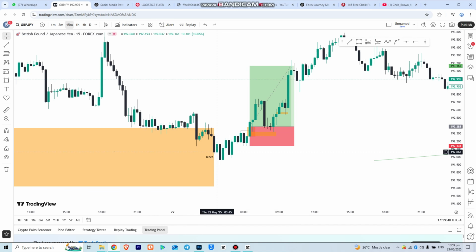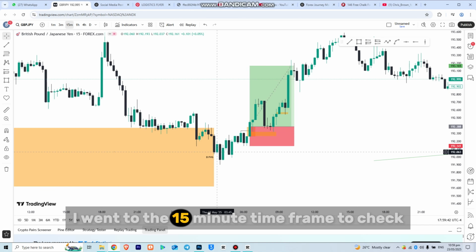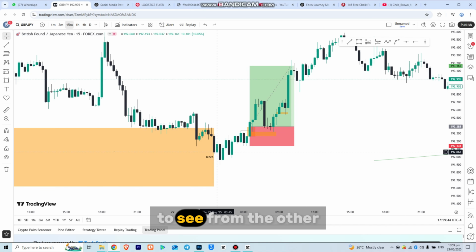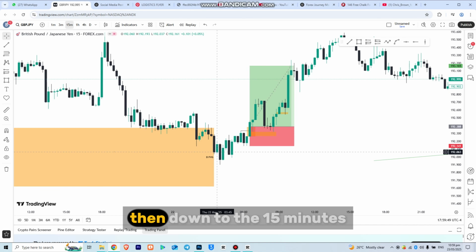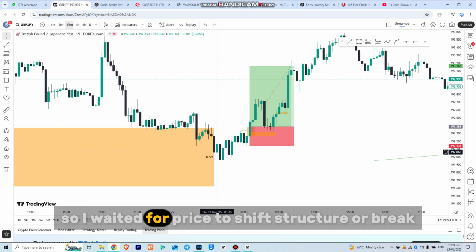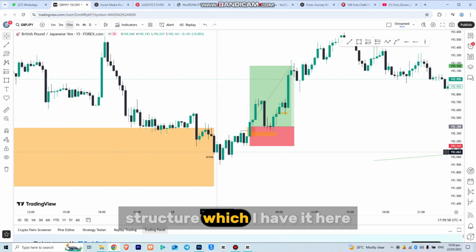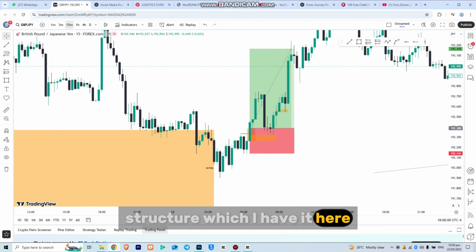So I went to the 15-minute time frame to check, from the 4 hours then down to the 15 minutes. I waited for price to shift structure or break structure, which I have here.